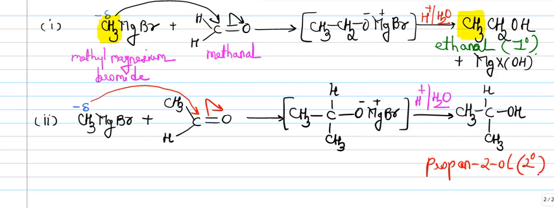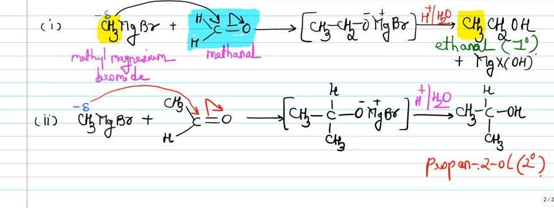This is a secondary alcohol. So now we can generalize one thing, that methanal is the only aldehyde here which can produce primary alcohol. Rest of the aldehydes are able to produce secondary alcohol.